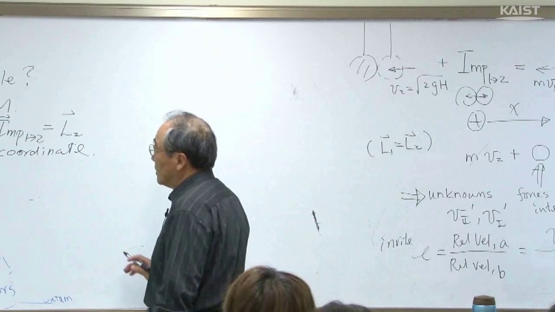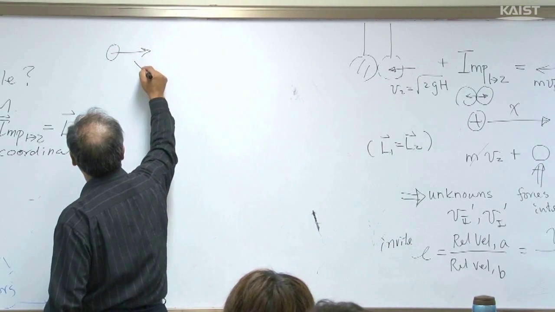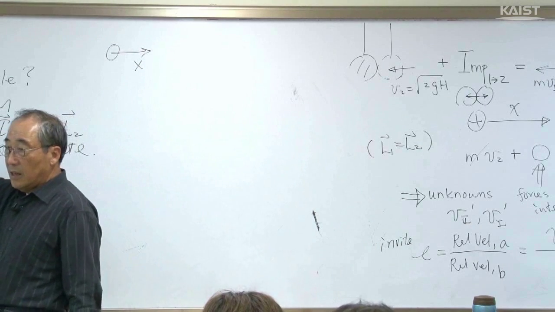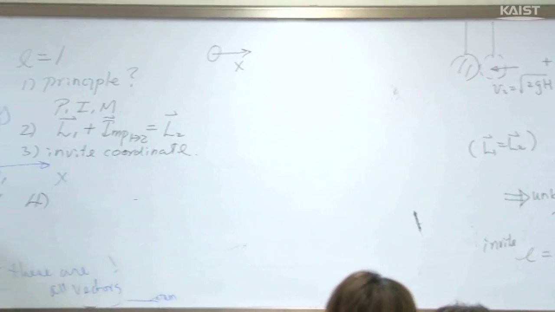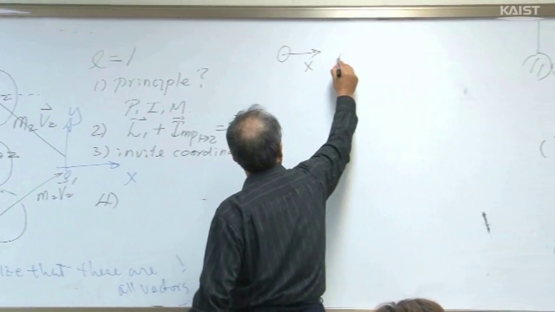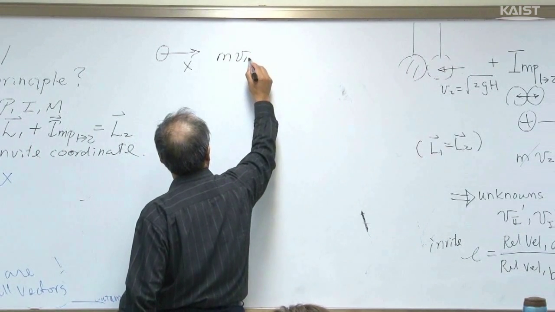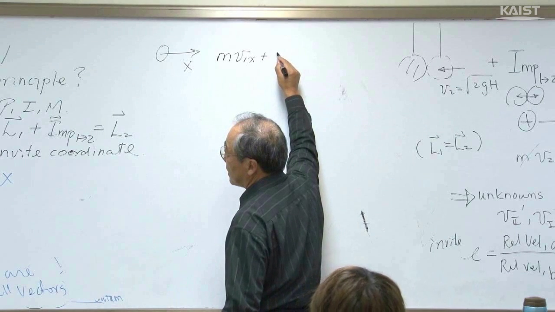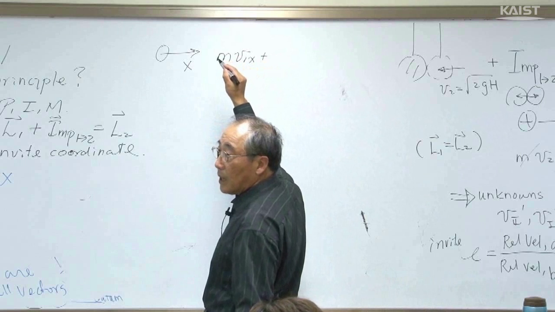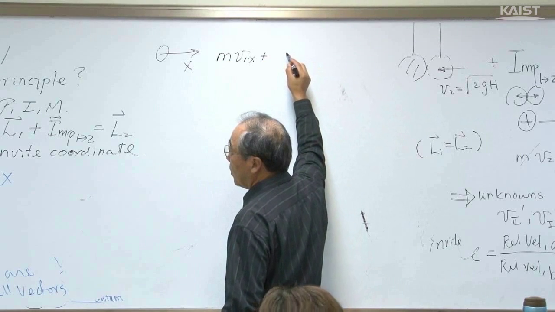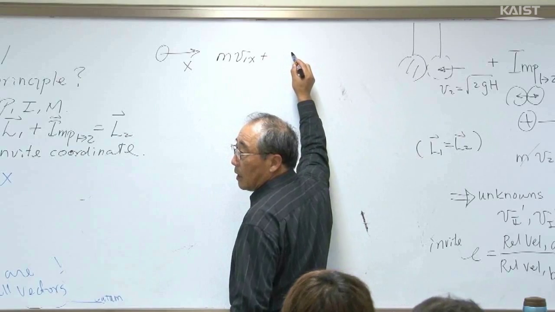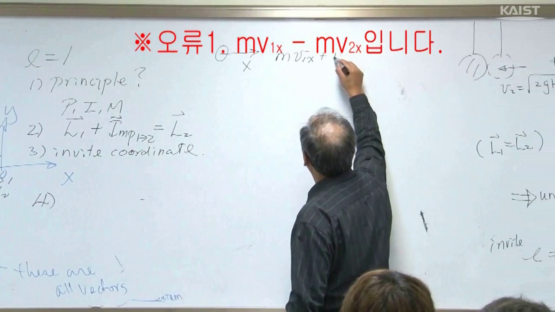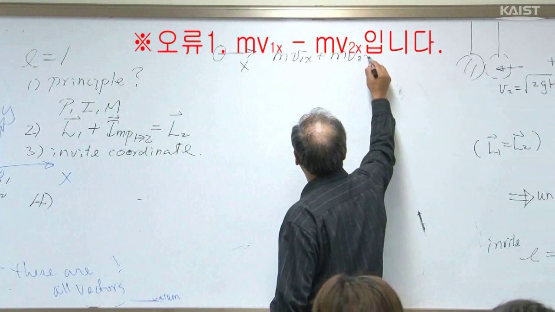So that is first in the x direction, state 1, express that: m1v1 x component plus I have another one, m2v2 x component.